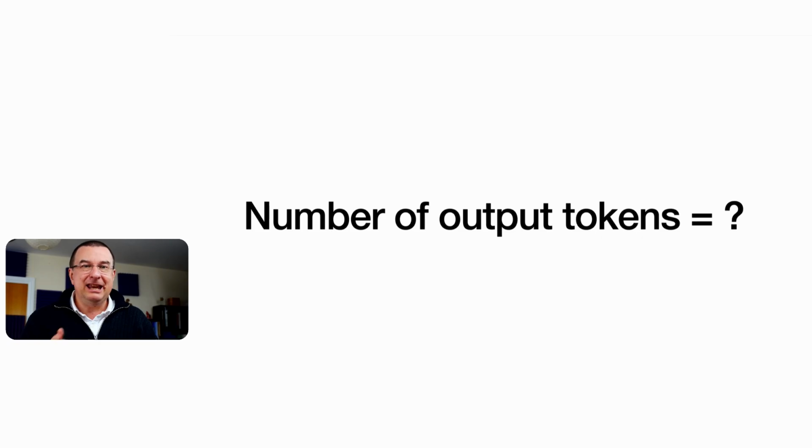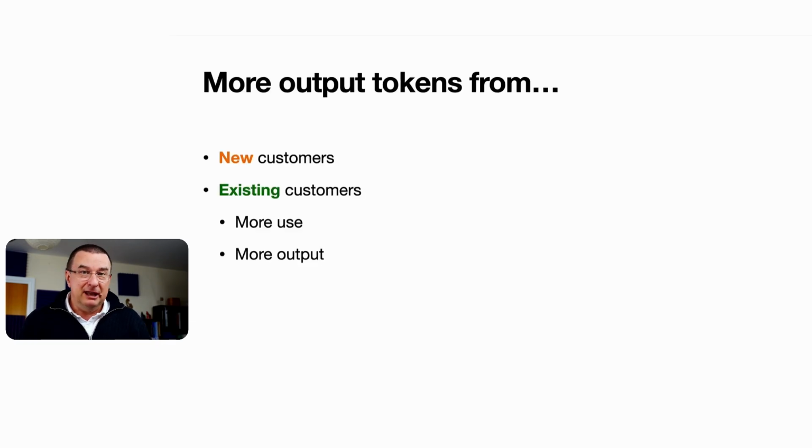But in any case, any business wants to increase their revenues. So what are the options that they can take? Either you acquire new customers so that they start to use your system, or you can also entice existing customers to use your system more.